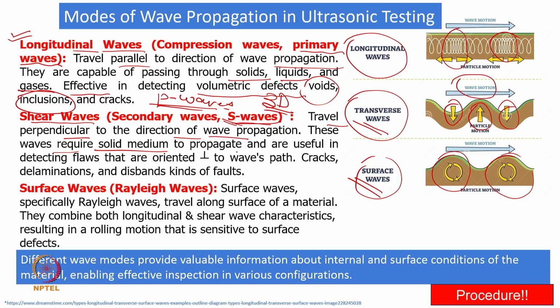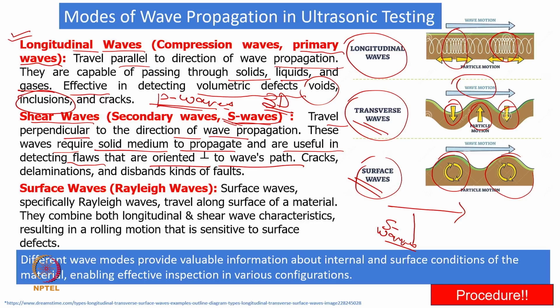So, the propagation path is only in solids, and they are really useful to find faults or flaws which are perpendicular to the wave path. So, where we are sending the wave, and there is a perpendicular crack which cannot be diagnosed using the longitudinal wave, in this case we require the S wave. So, again this kind of knowledge is important.